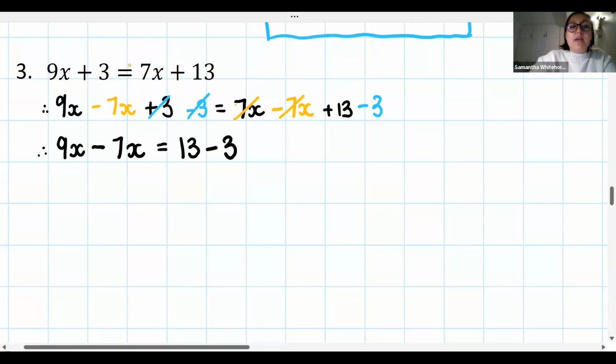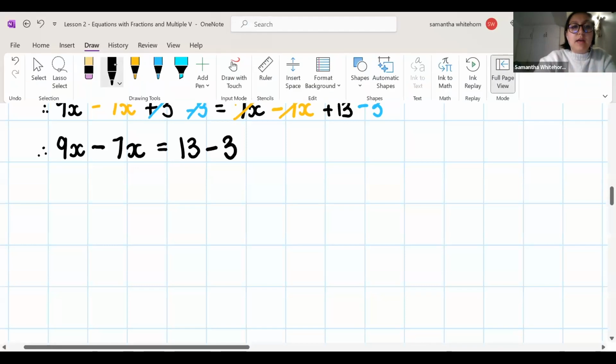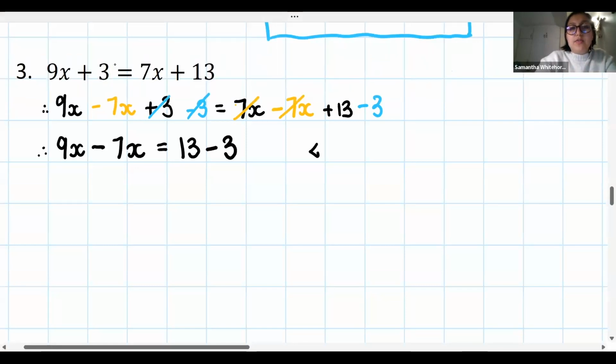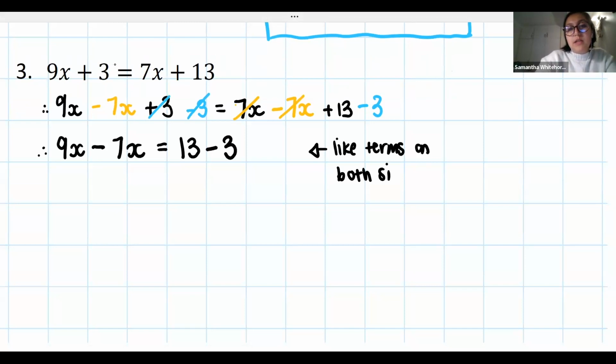And so that's how I'm getting 9x minus 7x equals 13 minus 3. Now you've got these like terms on both sides, which means that we can add and subtract. So 9x minus 7x is 2x. 13 minus 3 is 10.